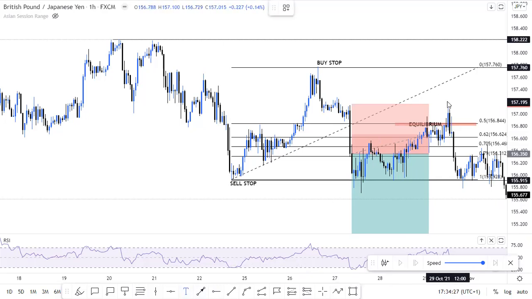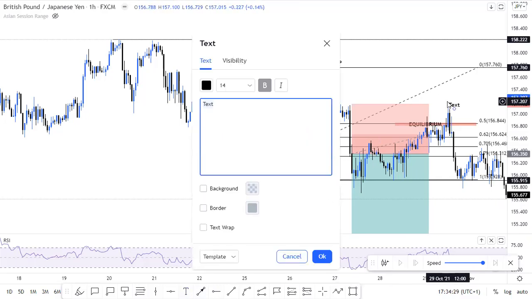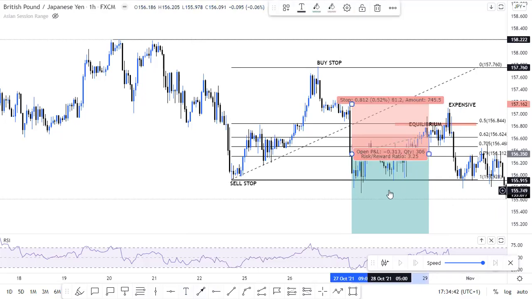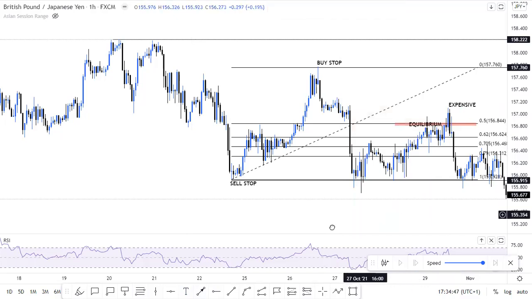Let me put it that way. And how do you know that price is now in the expensive range? That is when you now use your PDRAs. And the question now is, what PDRA is present on this chart?